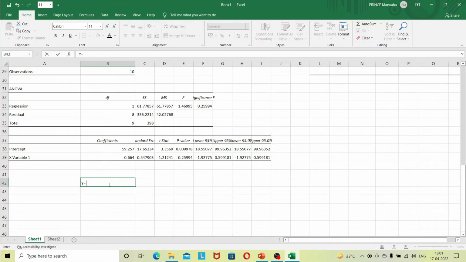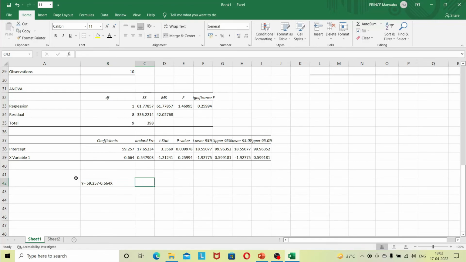Sorry, the x variable is minus 0.664 and the intercept value is 59.257. It can be written as 59.257 plus, what is the value of x variable? Minus 0.664x.